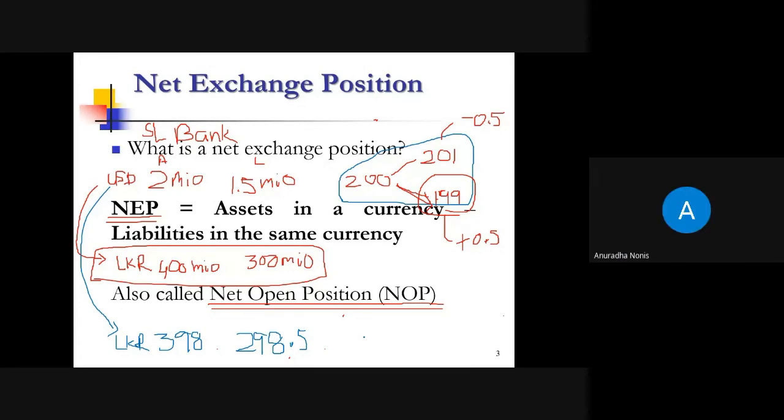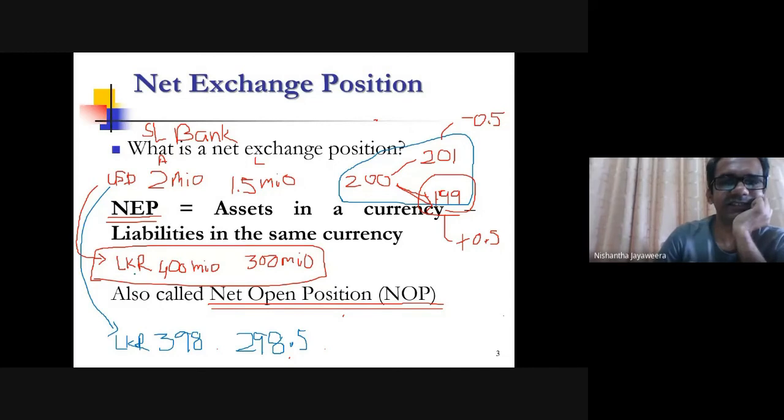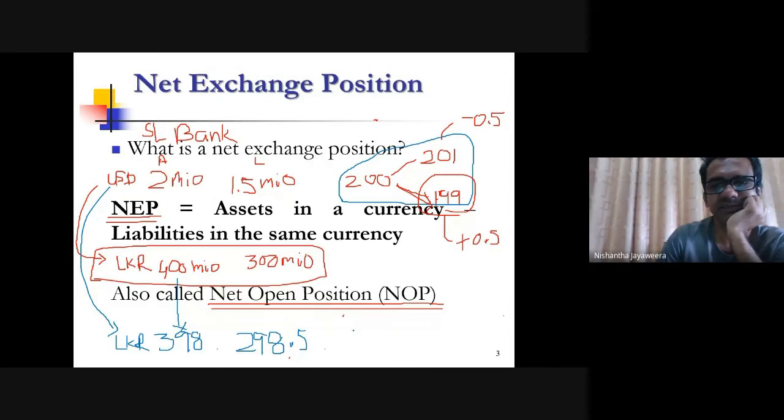In that case also, it's a gain, no, sir? How? What is the difference between 400 and 398? It's minus 2. So the difference in assets is minus 2; what is the difference here? Minus 1.5.